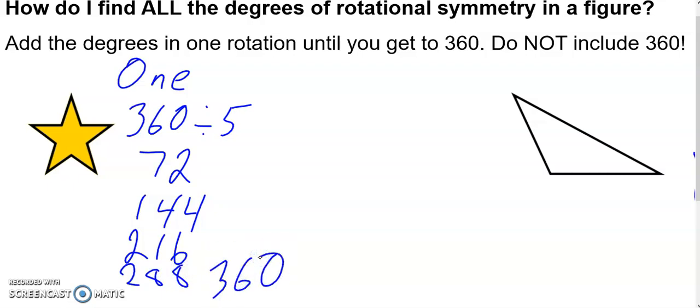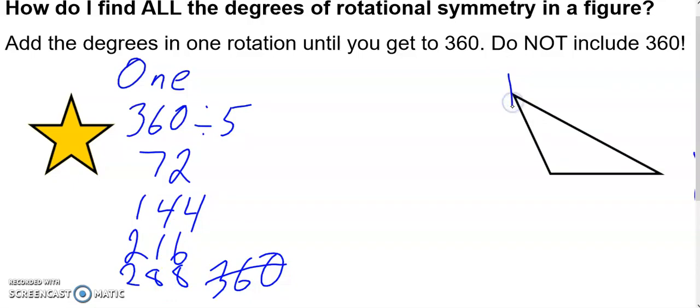Like I said, when we get to 360, it doesn't count, so we cross it off. So all the degrees of rotational symmetry for this star are 72, 144, 216, and 288. But the degrees in one rotation is 72.